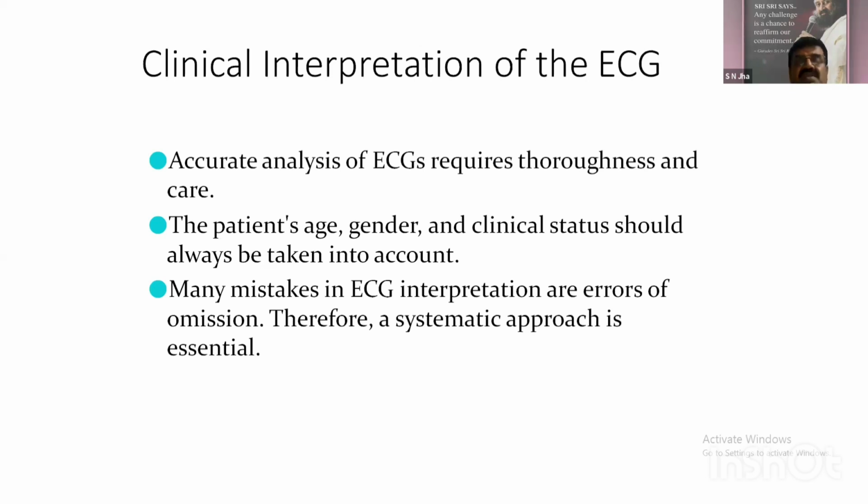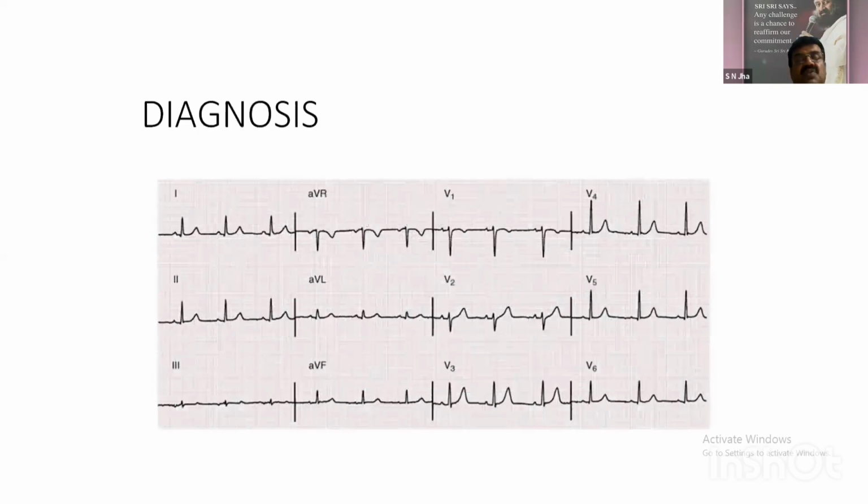There are some methods that we need to follow, because errors occur when we omit something. We know that, but we fail to see that part because there are 12 leads and every lead is important. So there are some rules, and we have to know the rules.